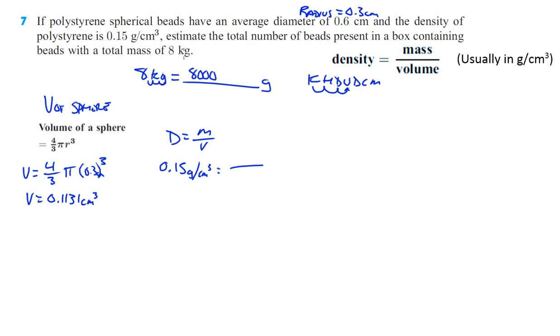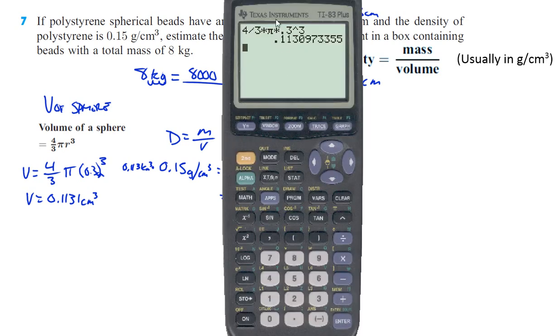We know the total mass in the entire box, but we want to figure out the mass of one little bead, and the volume we know is 0.1131 cubic centimeters, right? So to get mass by itself, we multiply both sides by 0.1131, and those go away.